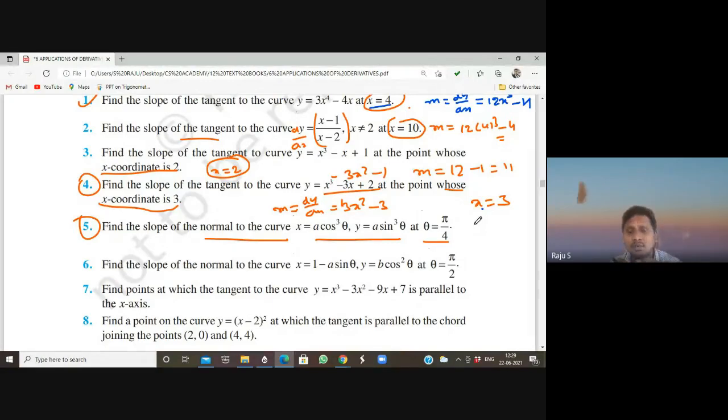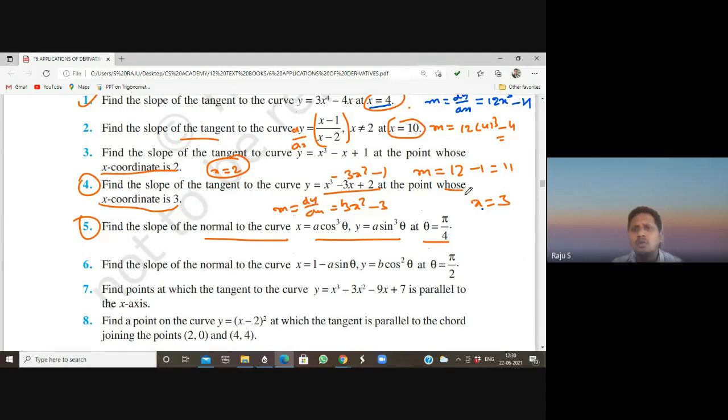They'll give very easy questions to differentiate. The only difficult exercise in this chapter is maxima minima, and only a few questions are difficult. Difficult in the sense it will take 1 or 2 pages, or sometimes for 1 or 2 questions, 3 pages also. Other than that, it is very simple to find.